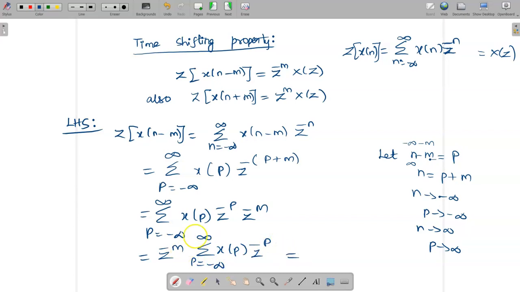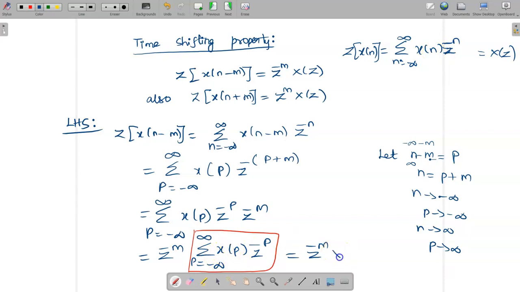Okay, so now you compare this term. Okay, so it is similar to this formula, summation n equal to minus infinity to infinity x of n z power minus n. Similarly here, instead of n I have p, that is only the difference. Okay, so this term I have written as it is, z power minus m as it is. This is looking like this term.